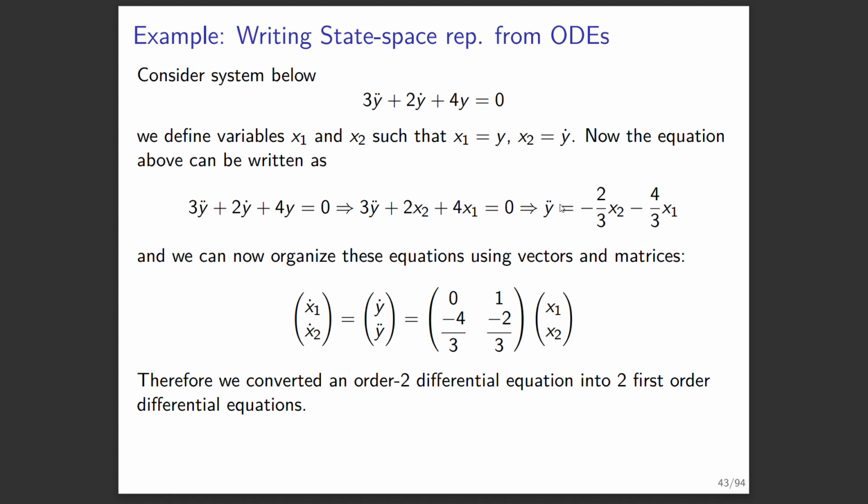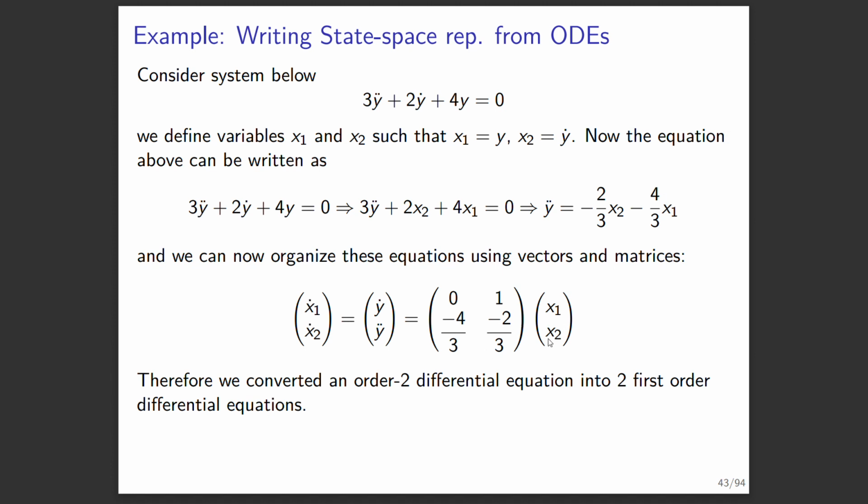So now I can use this equation and substitute it inside a matrix vector relationship. So this equation would be the second row here. Look at the second row. X dot 2, which is y double dot, is equal to negative 4/3 x1, negative 2/3 x2.